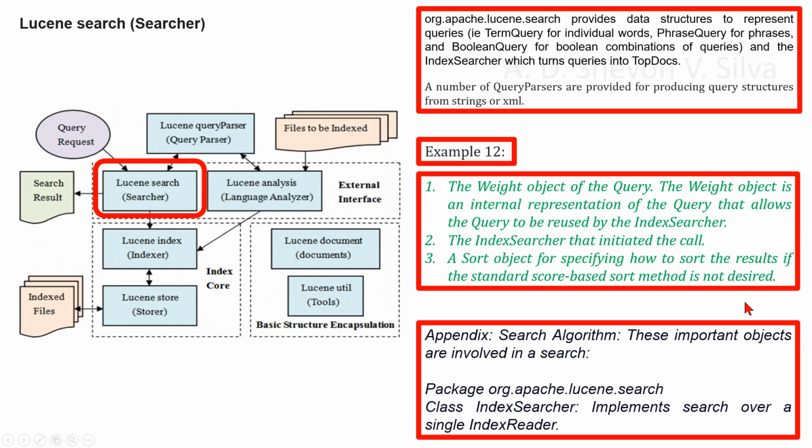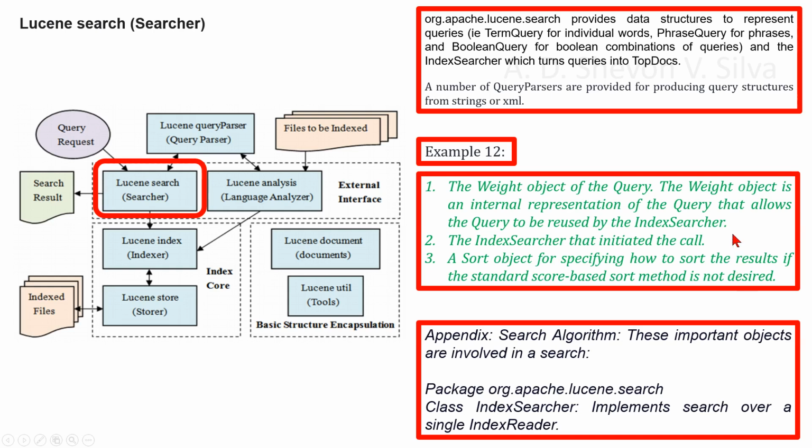In the typical search application, queries pass to an IndexSearcher, beginning the scoring process. Inside the IndexSearcher, a Collector is used for scoring and sorting of the search results.